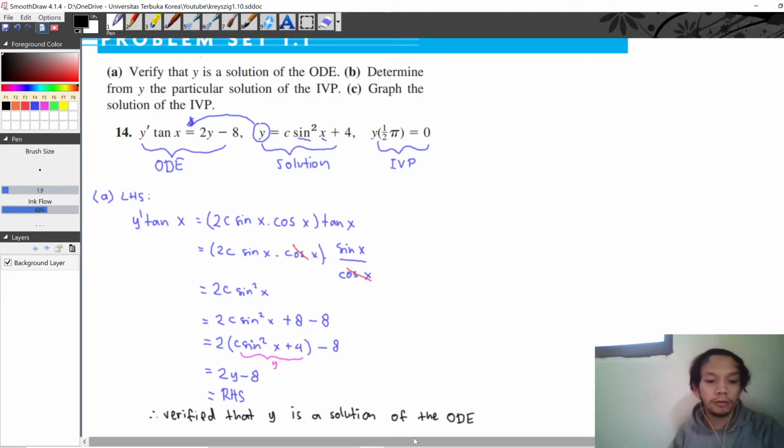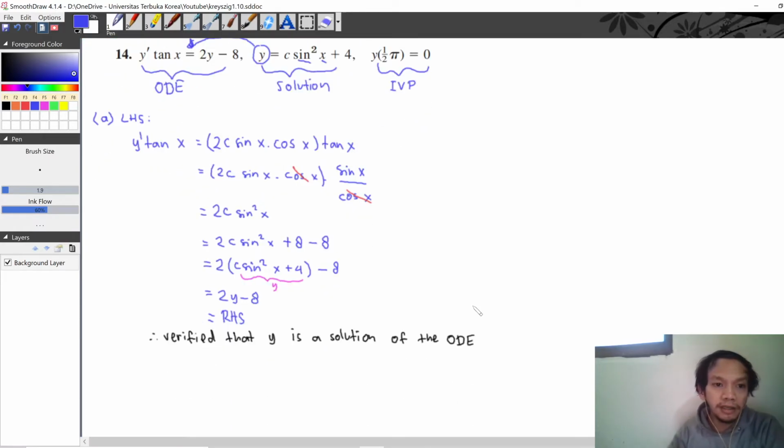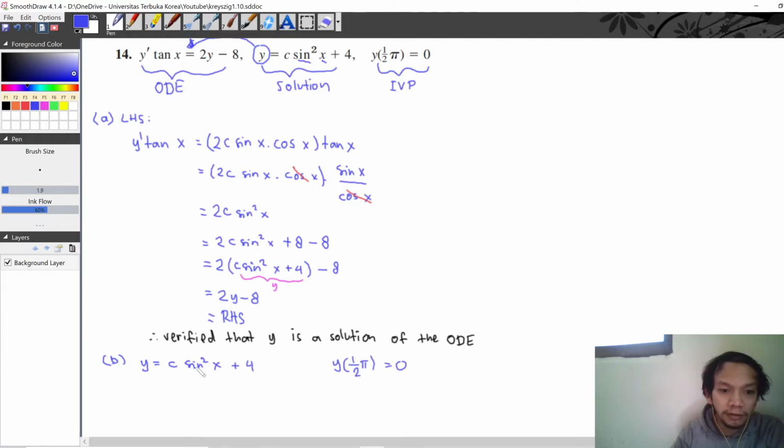Okay, now let's move on to problem B. So we have y is c sine squared x plus 4, and we have the initial value problem, y of 1/2 pi, or pi over 2, is equal to 0. Now for y of 1/2 pi, we can just plug 1/2 pi into this function.